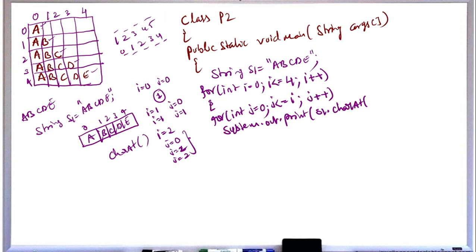Why am I giving j? For example, for the first column we always take the character from index 0, second column from index 1, third column from index 2. So that's why I am giving j here. j indicates the index of the particular character: 0 1 2 3.